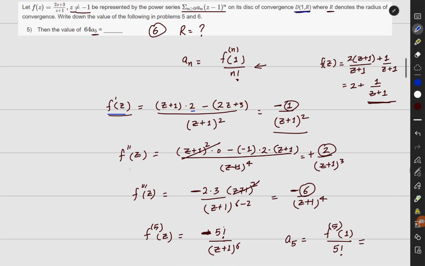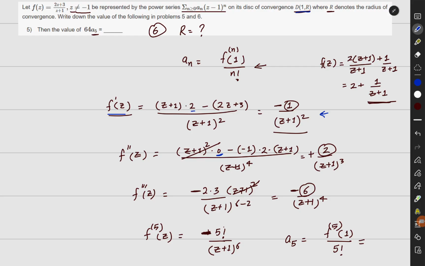If you want to calculate the second derivative, what happens? We want to differentiate the first derivative. So the denominator first, and then the derivative of the numerator, which is minus 1, so here we get 0, and then minus the numerator times the derivative of the denominator, which is 2 times (z plus 1), and in the denominator we get the denominator whole square, so (z plus 1) squared becomes (z plus 1) to the power 4.